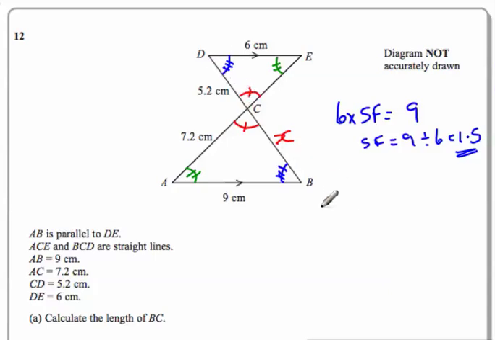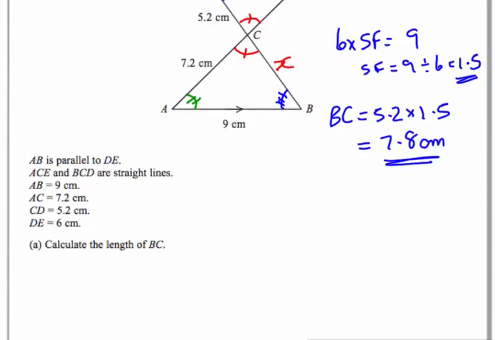So we can say that this side here, BC, will equal 5.2 times the scale factor, which we now know is 1.5. So it'll be 5.2 times 1.5, which I make out to be 7.8. So that equals 7.8 centimetres.